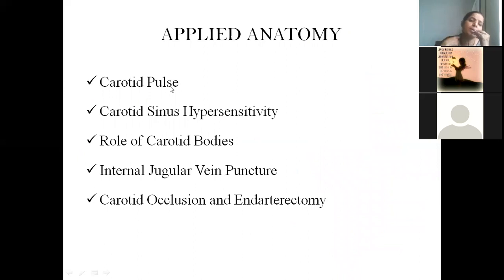In this triangle, we can check for the carotid pulse and carotid sinus. From your knowledge of physiology, you should be able to tell we have chemoreceptors and baroreceptors regulating blood pressure and also respiration. Here we have internal jugular vein puncture. This is the area which is selected. Carotid occlusion: when we are planning certain surgical procedures with carotid vessels, we generally choose this area.